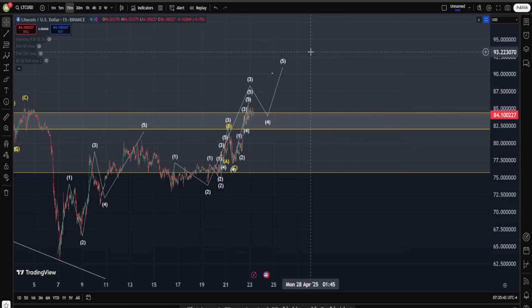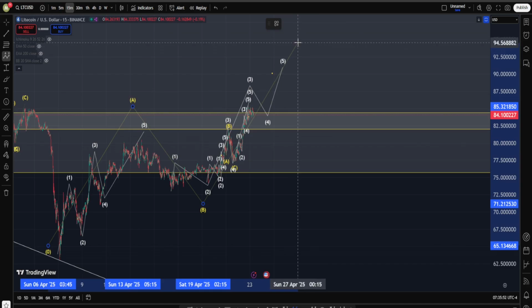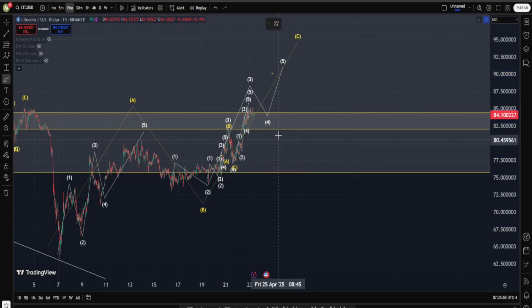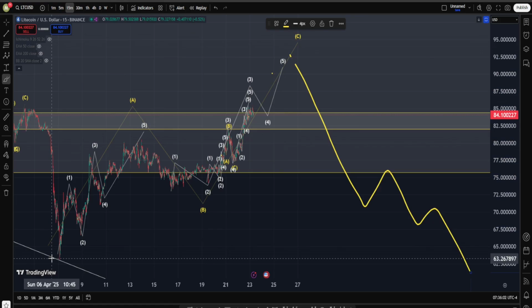On the other hand, if we are looking bearish and the final low is not in yet, well, this can be just a simple A, B, C in the form of a zigzag structure, suggesting that after this 5 wave up, we're just going to get a relatively strong move on the downside in order to take the lowest low down here, about $63.5.